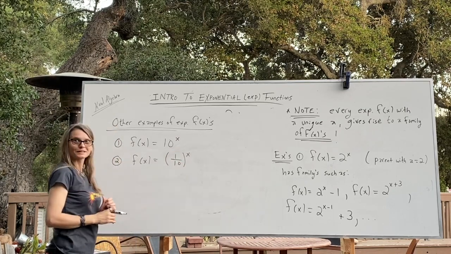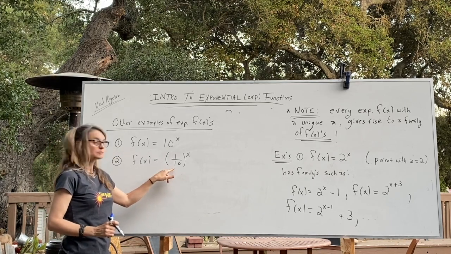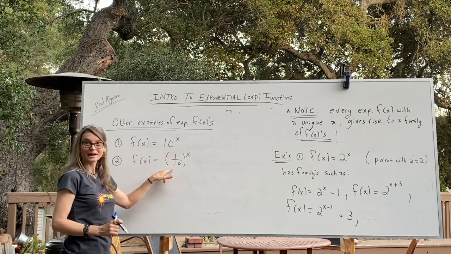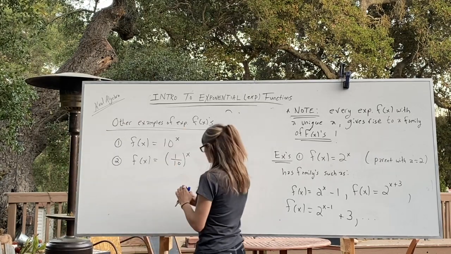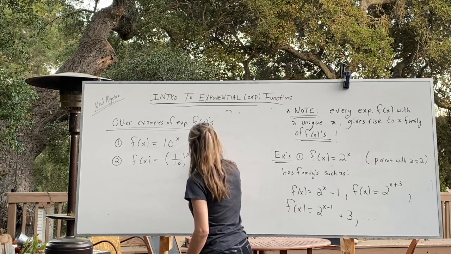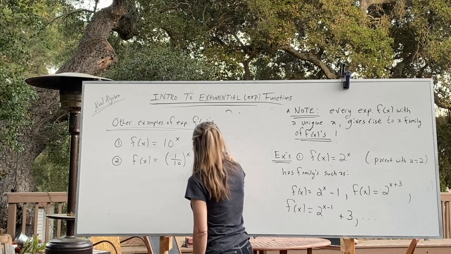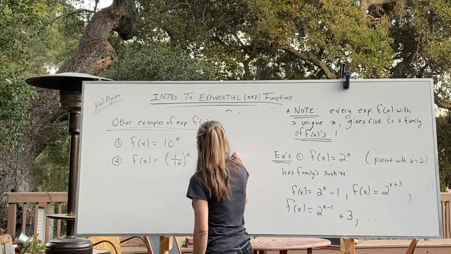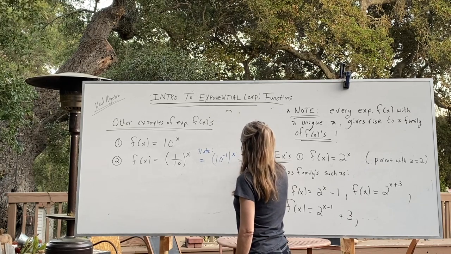Now this one is a little tricky because when you have a function that's exponential and its base is a fraction, it's the same as having a negative exponent. So note, this is equivalent to 10 to the negative 1 to the x power, which is equal to 10 to the negative x.